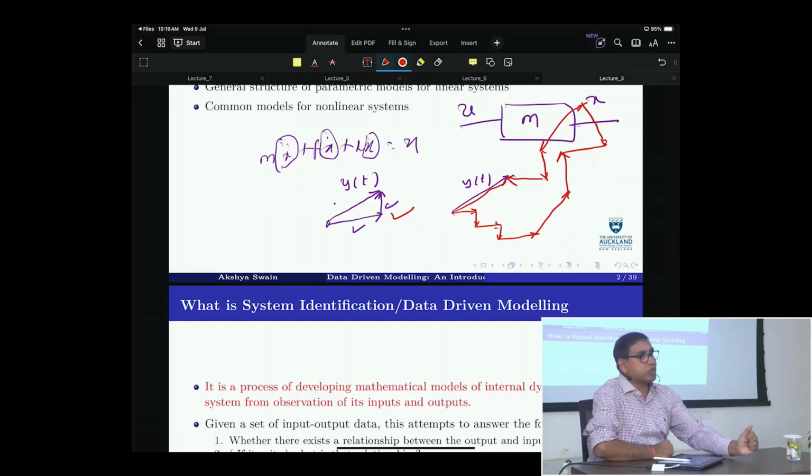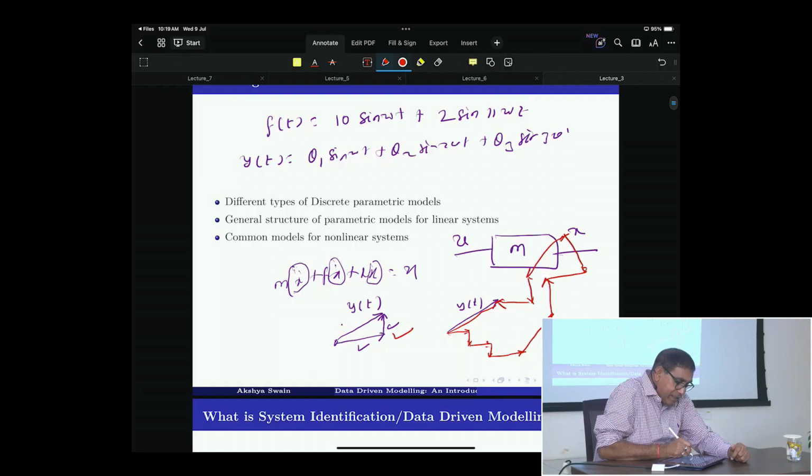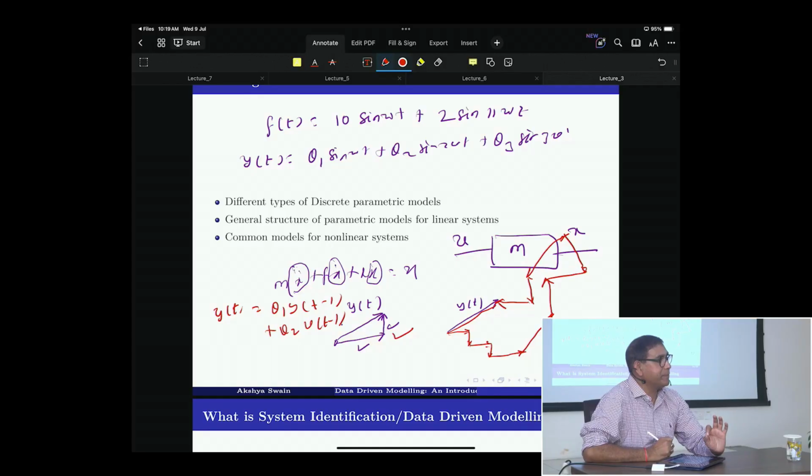Now coming to your question, system identifiability. Suppose you see a relationship. The system is y of t equals theta 1 y of t minus 1 plus theta 2 u of t minus 1. This is the actual system, right? Now I use a feedback, where the feedback is equal to k into y.